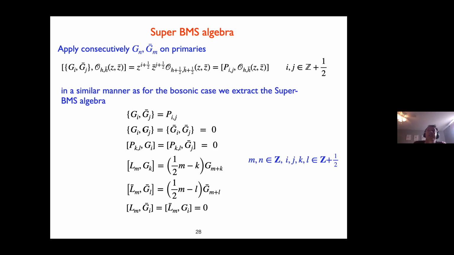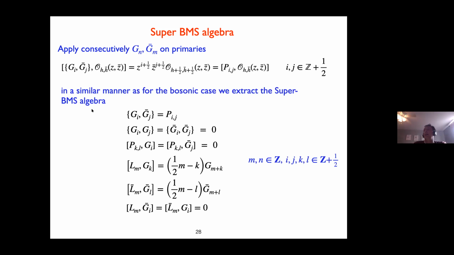Normally, these two, if we had a superconformal symmetry, should close on the Virasoro generators. On the other hand, here, they give 0. But the novel thing is that now G and G bar anticommute on the supertranslation generators. So we cannot say that we have a two-dimensional superconformal theory, but we have some extended BMS algebra with fermionic symmetries, which we call the super-BMS algebra.